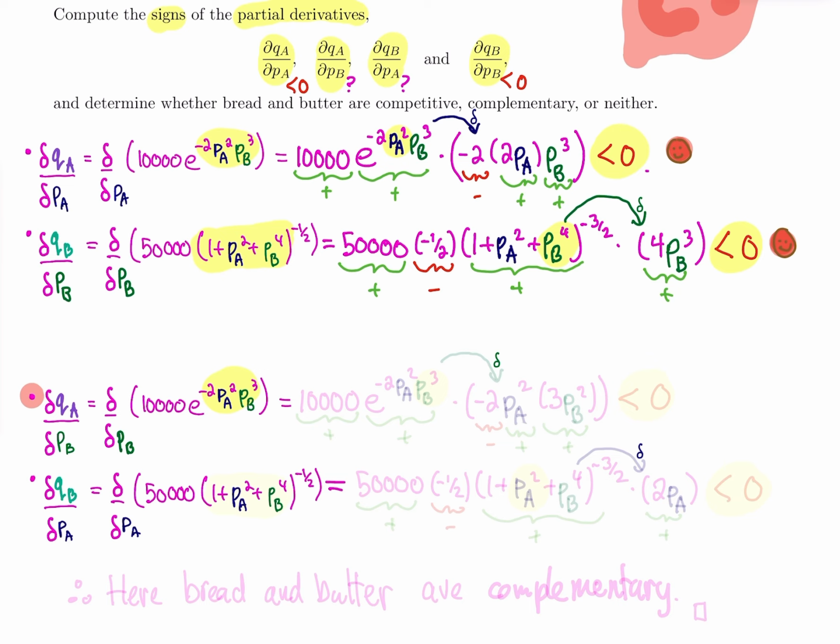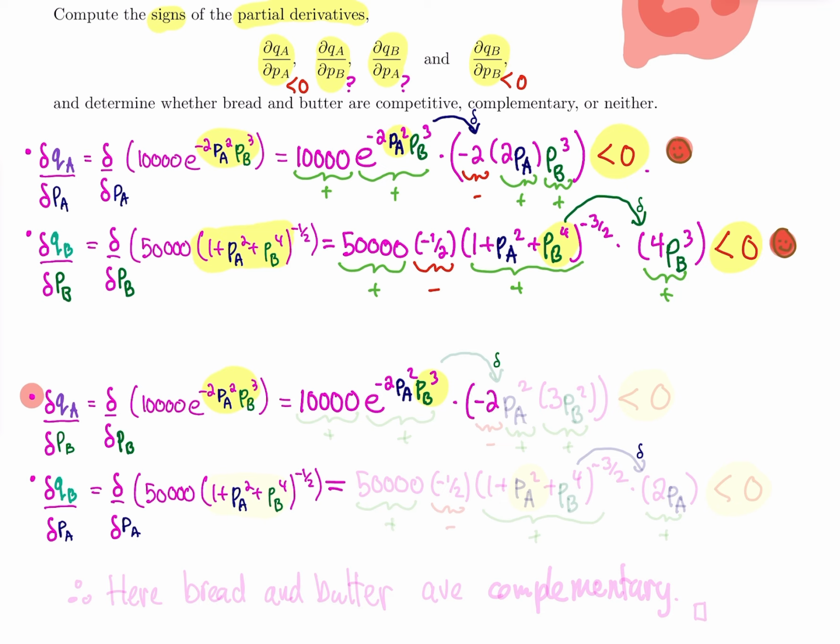So when you differentiate e to the power of something, you get that e to the power of something again. So I'm keeping the coefficient. So it's 10,000 e to the minus 2 PA squared PB cubed. So the exponential term does not change, but now you need to multiply by the derivative of the exponent, focusing on PB now. So you're going to be multiplying by, so let's open a bracket.